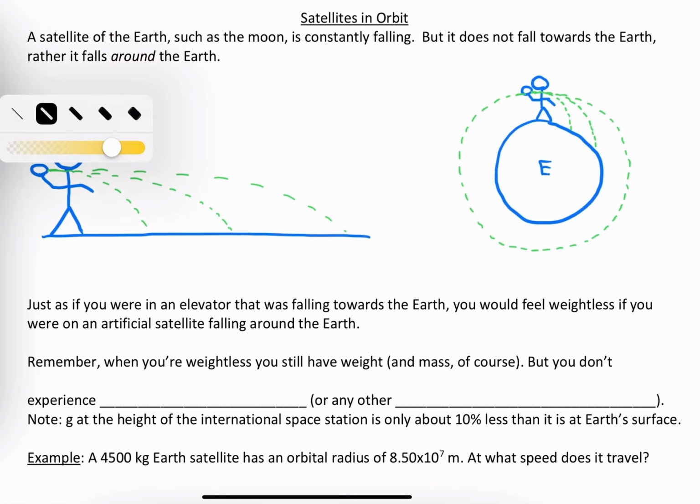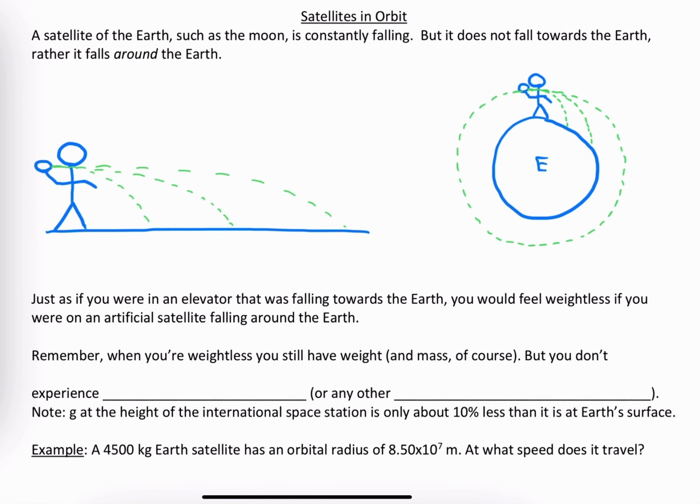So remember, when you're weightless, you still have weight, right? On the space station, the astronauts have most of their weight still, only about 10% less. What you don't experience when you're weightless, though, is the normal force.